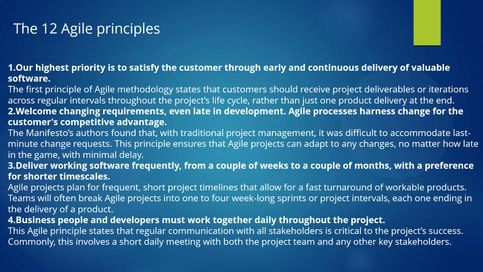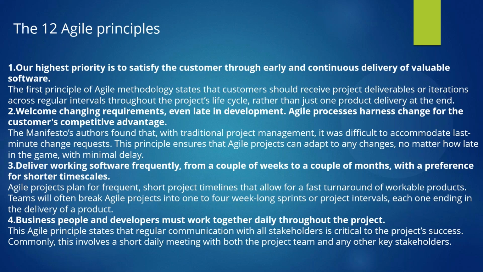The priority is for the customer, obviously, right? He is going to pay the company XYZ, so he will be the main person, and you have to prioritize as per him only, whatever the work going on. Okay, so the next principle is to welcome changing requirements.